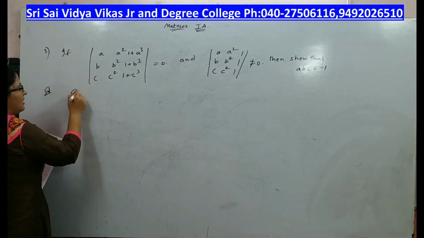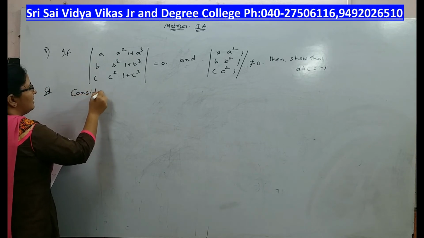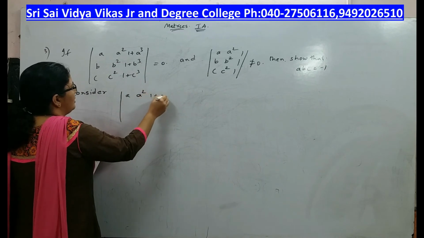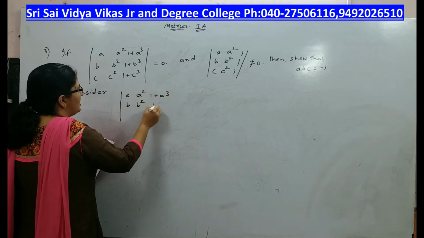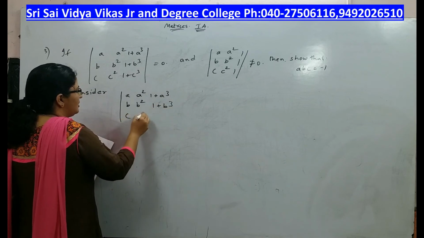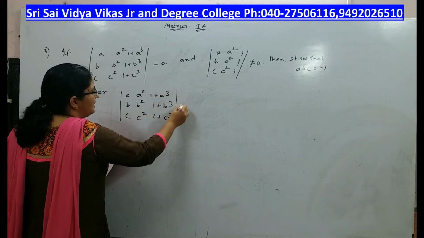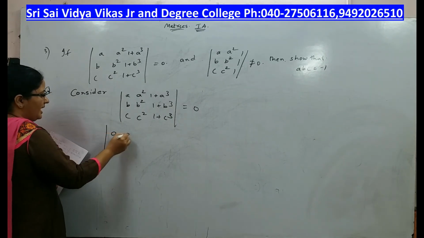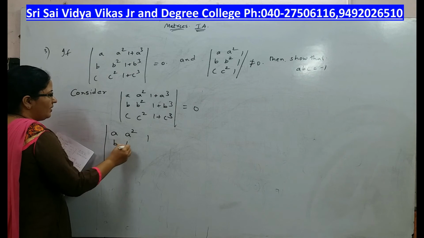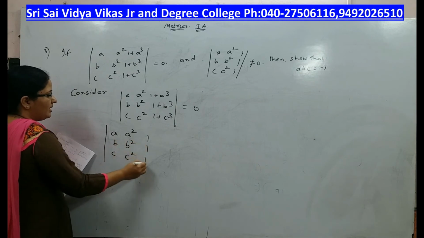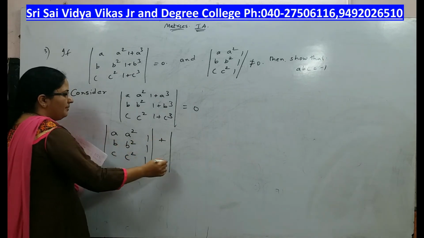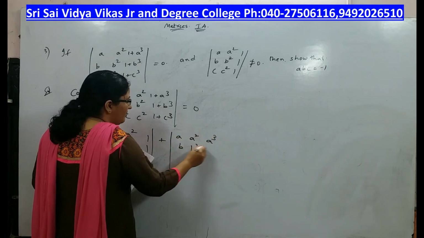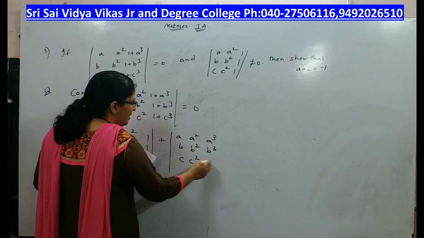Solution. Consider the determinant a square 1 plus a cube, b square 1 plus b cube, c square 1 plus c cube is equal to 0. Now this can be written as the determinant a square 1, b square 1, c square 1 plus the determinant a square a cube, b square b cube, c square c cube.